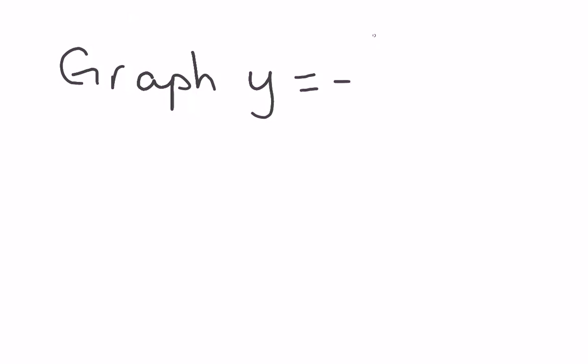All right, and one last example that we're going to do today. This one says to graph y equals negative absolute value of x plus 1. Remember, when all else fails, if I don't remember all of these great quick shortcuts to graph, I can always do an XY chart to graph.